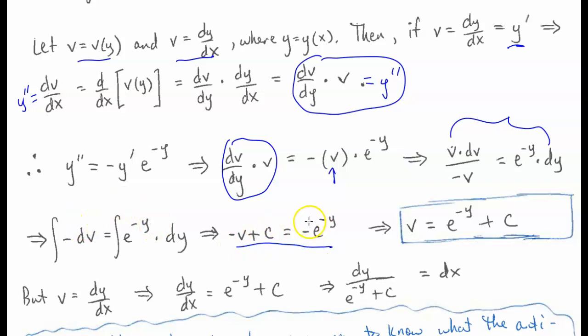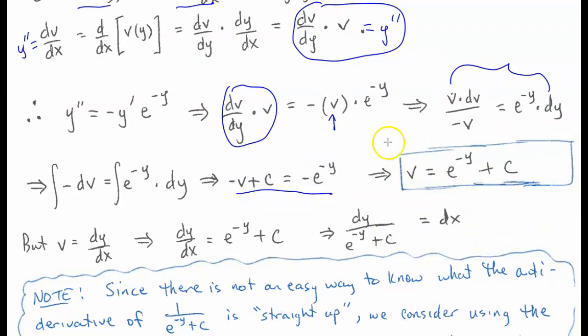Get this equation here. And right now, remember that my goal is to solve for v, okay? If I try to rush this and solve for y, what's going to end up happening is that I'm going to have y defined in terms of v, but v is y prime, or dy over dx. So I'm going to have the original function being defined in terms of a derivative, and that's not something that I want, okay?